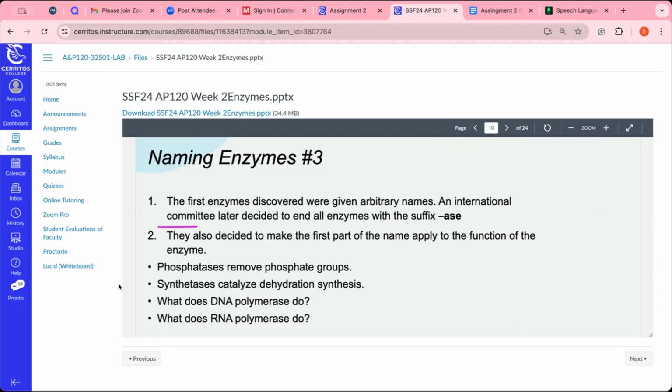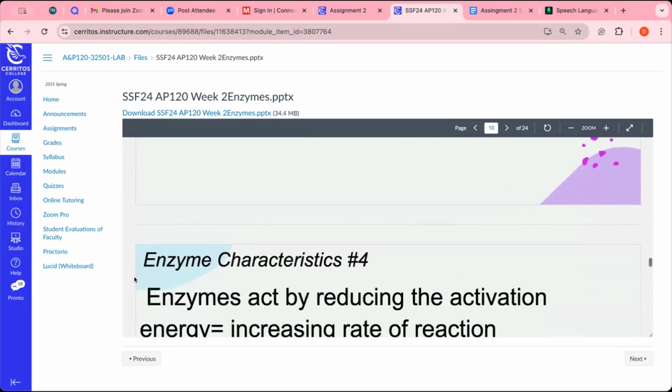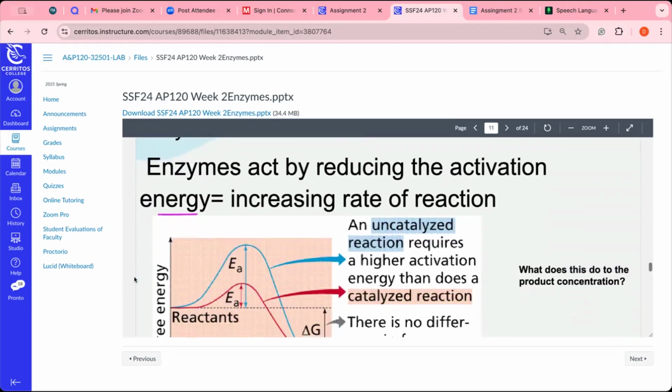So that's how that works. Those are some examples. So peroxidase, which is today's reaction, would break down peroxide.